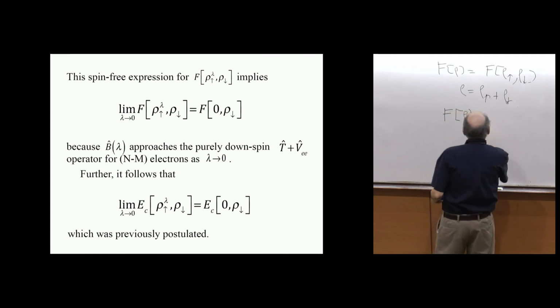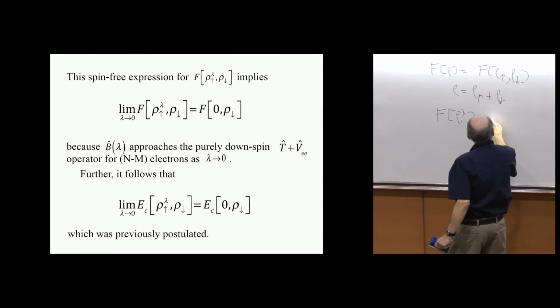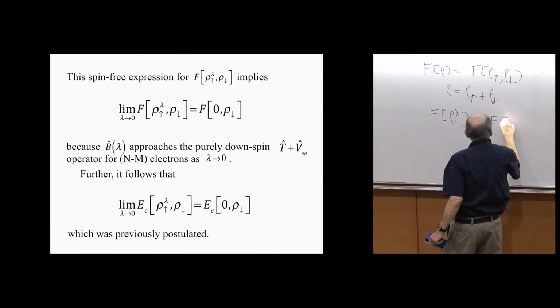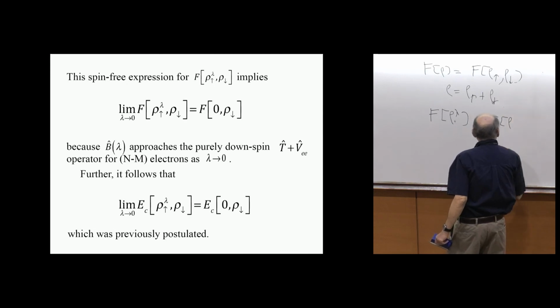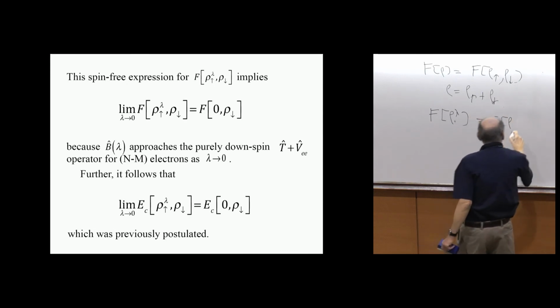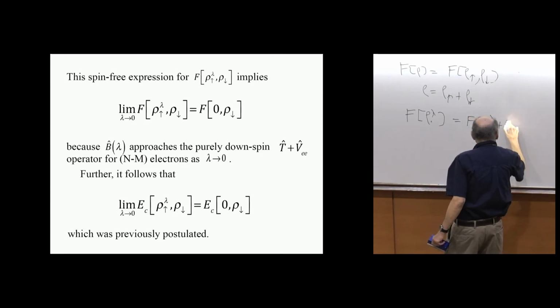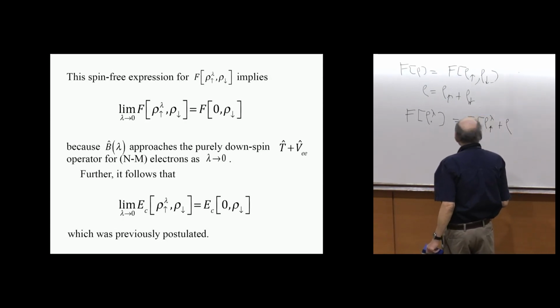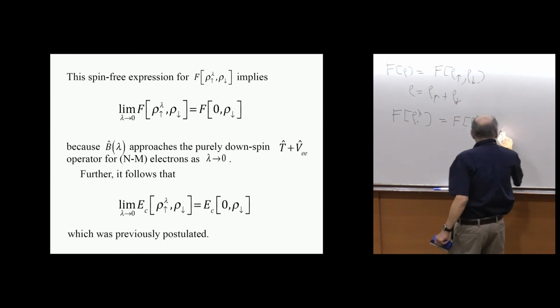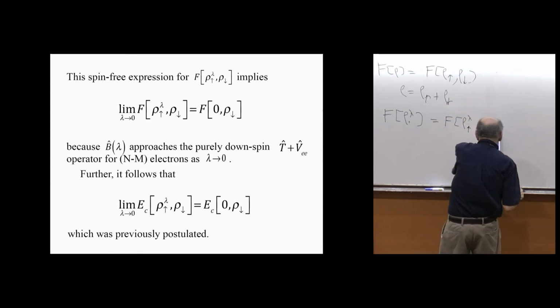That's a scaled rho, and this is equal to f of rho lambda up plus f of rho up down.